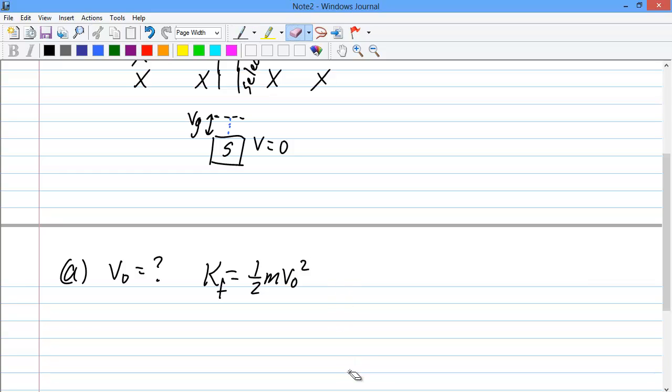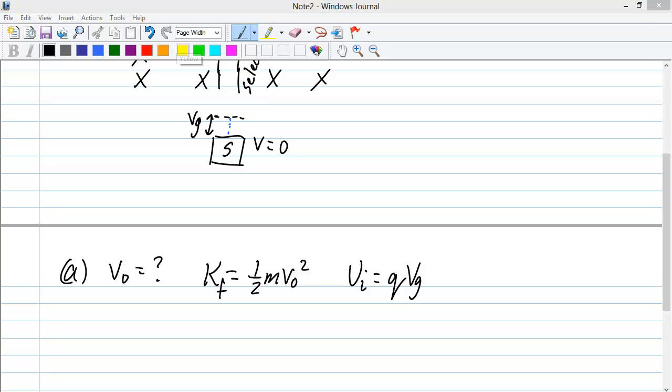Initially, it has potential energy, and that potential energy is given by Q V sub G. So the initial potential energy at the source is going to have to equal the final kinetic energy after it's passed through the potential V sub G. So all we have to do is set these equal to each other and solve for V sub 0.